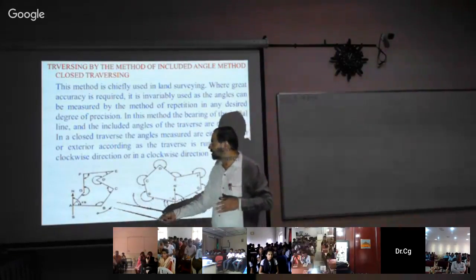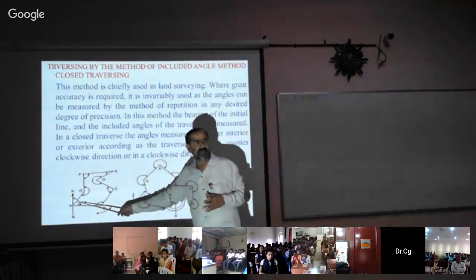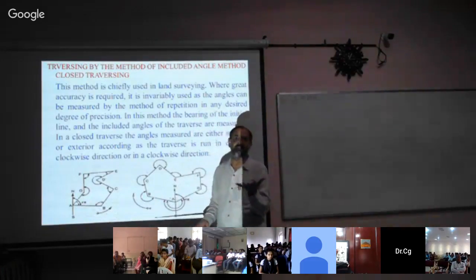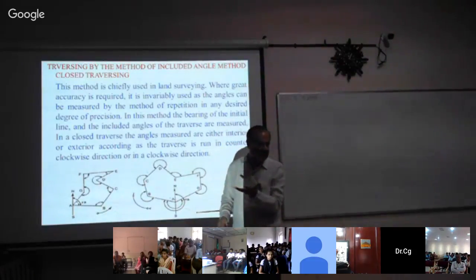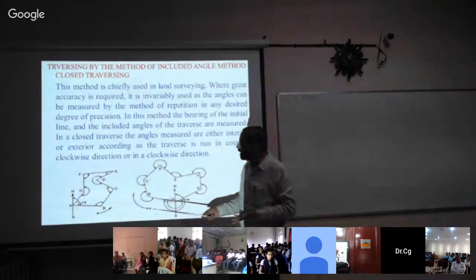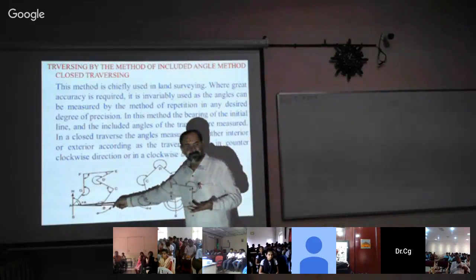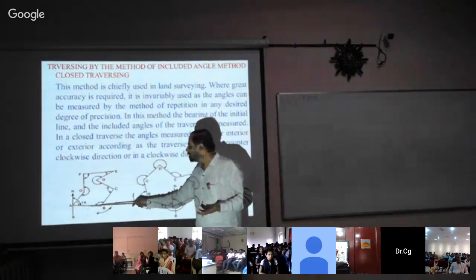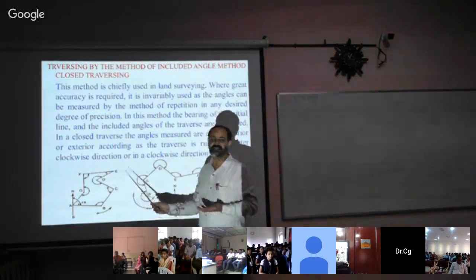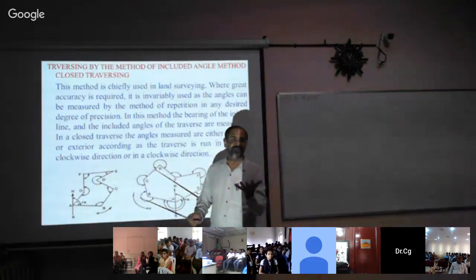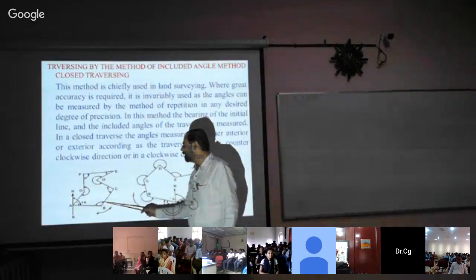Then similarly shift the instrument to station B, backsight, and make the horizontal circle read 0 and 180 degrees. Understood? Then from the backside A, turn the telescope clockwise and bisect the object C. Now again that will give you the included angle, this angle, angle B.